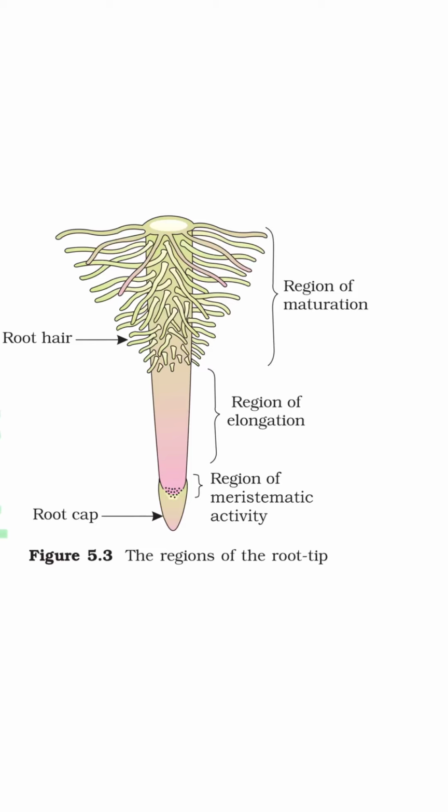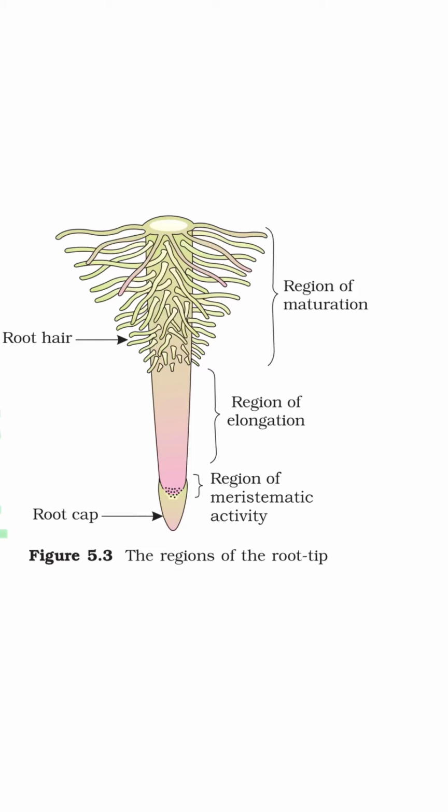This zone is proximal to the elongation region, and from this region some of the epidermal cells form very fine and delicate thread-like structures known as root hairs. So root hairs are present in this region.